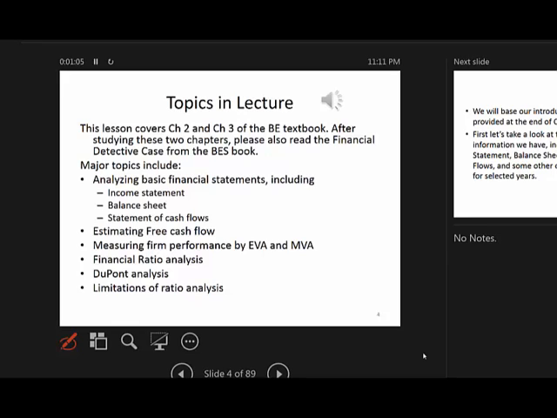After studying these two chapters, please also read the Financial Detective Case from the BES casebook.